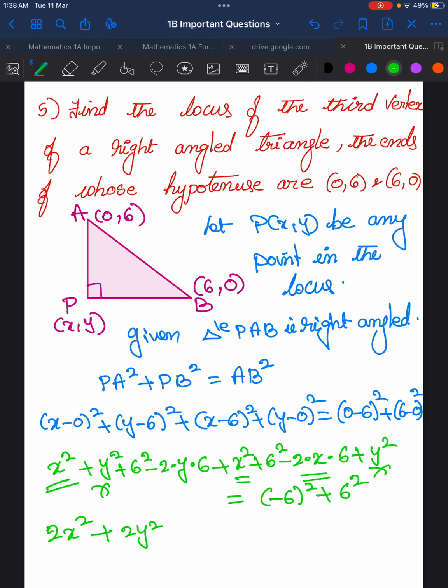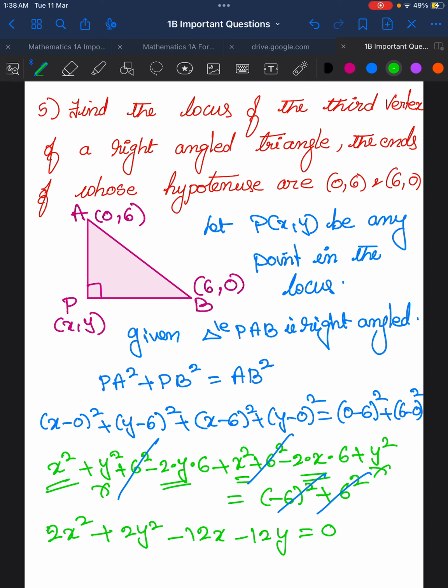Minus 12x minus 12y, minus 12x minus 12y. Now listen carefully, plus 6 square, this is also plus 6 square only. After doing squaring, you'll get plus 6 square only. This is also 6 square, everything got cancelled. So numbers gone.